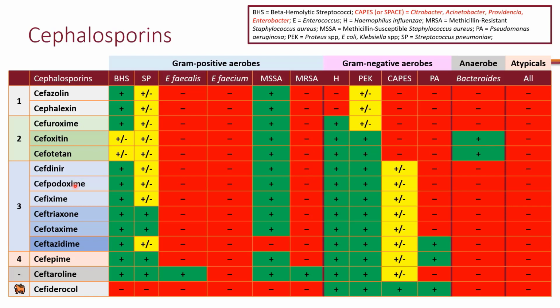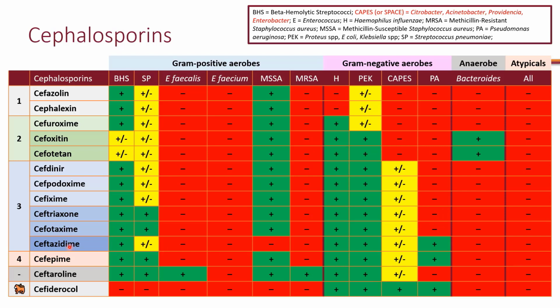Now, third generation cephalosporins, you will see the first three are oral, and then we have the IV formulations. So in general, somewhat good activity against gram-positive organisms. And when you go to gram-negatives, in general, they have pretty good activity, but they are not active against Pseudomonas except ceftazidime.